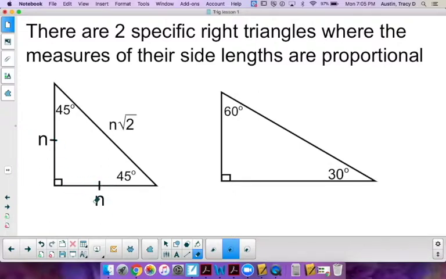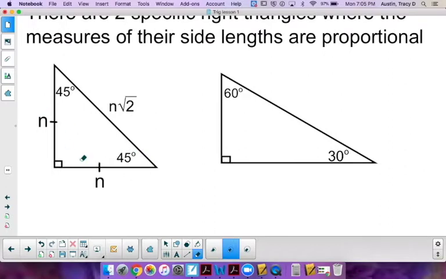You can prove this using the Pythagorean theorem, because we know that a squared plus b squared equals c squared. No matter what measurement we put in for those two sides, if we solve using the Pythagorean theorem and don't get the decimal form but the simplified square root form of the answer, it's going to be whatever it is times the square root of 2. I can prove it real quick. We can just pick a small number.